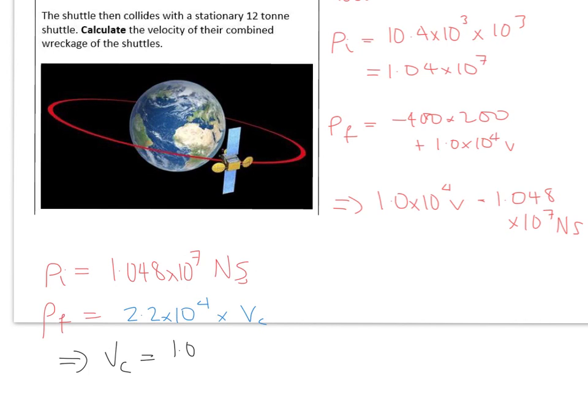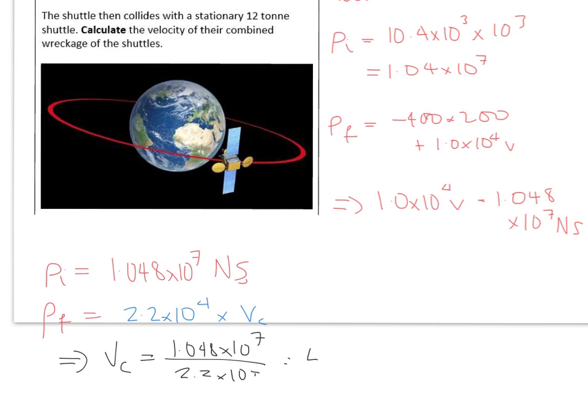And so we can solve this by doing our total momentum, and then we're going to divide that by the total mass of the two objects. And once we do that, let's type that in. So our answer divided by 2.2 times 10 to the power of 4 gives us 476.36 and so on.